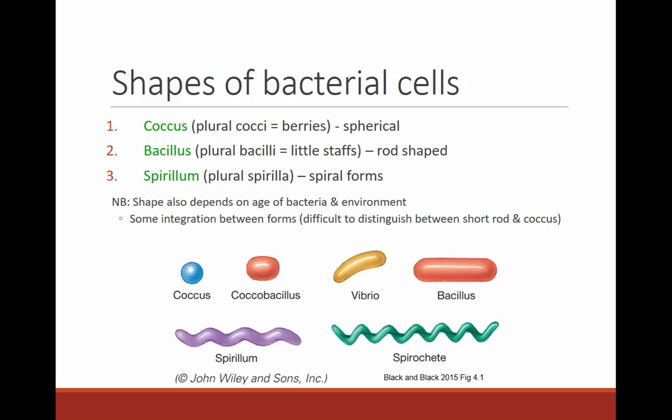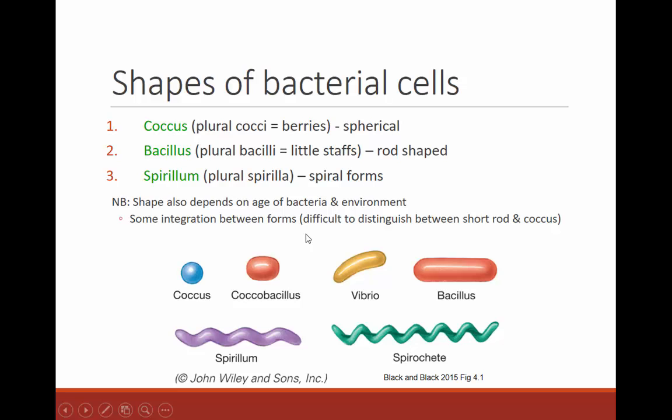So if it changes a form, it might go to a cocci or something, and the cocci form is the one that produces the disease. Okay, so they can change shape.